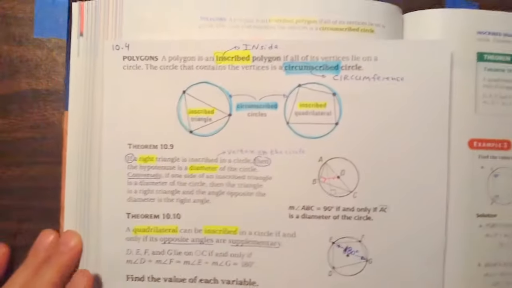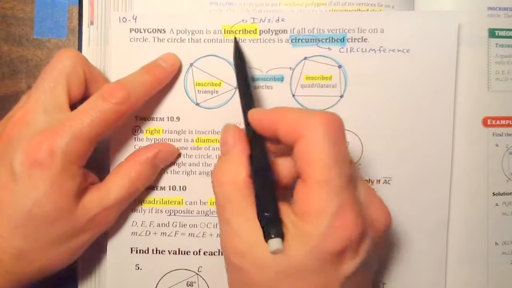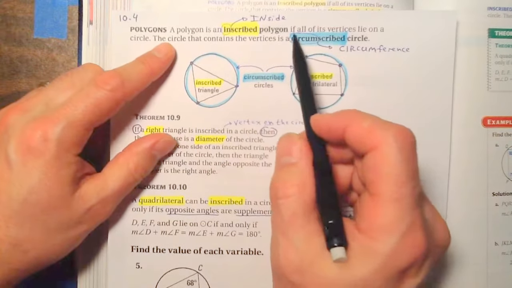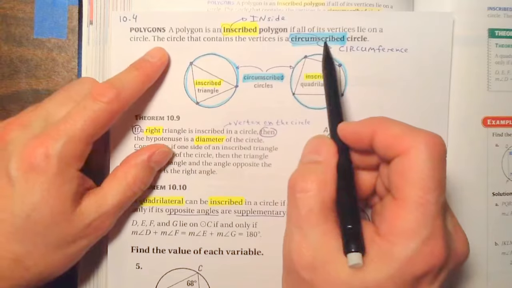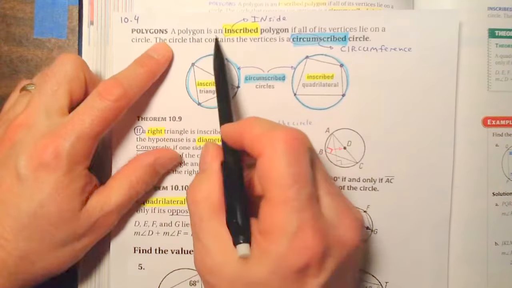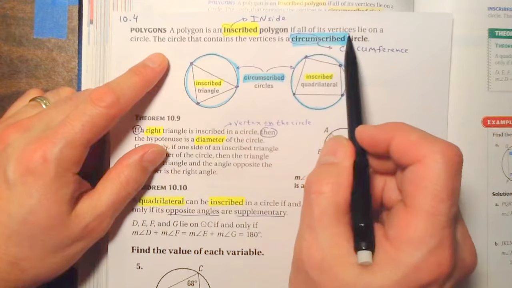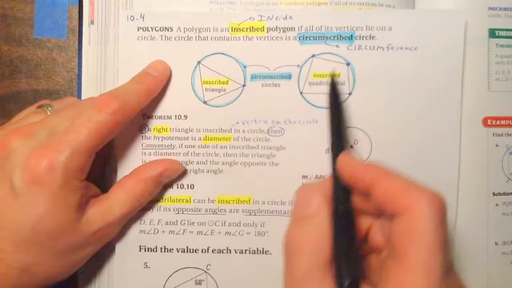Let's look over now at polygons. A polygon is an inscribed polygon if all of its vertices lie on a circle.